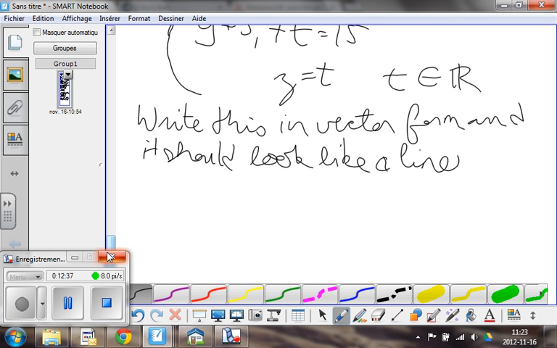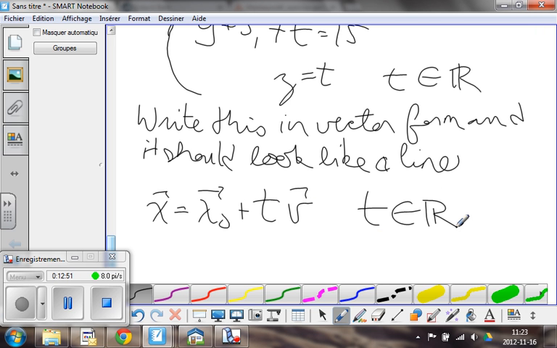And what's the equation of a line in 3D? x equals x zero plus t times a direction vector.